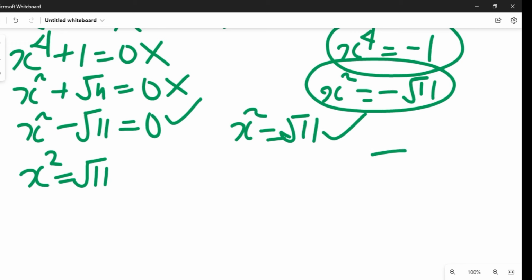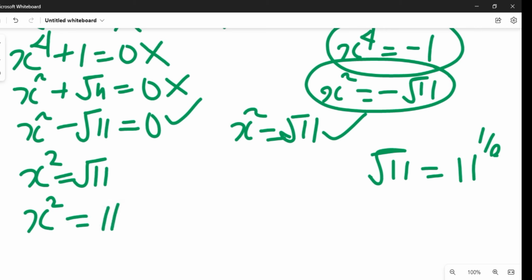And remember, square root of 11 is equal to 11 raised to power 1 over 2. So if we have 11 raised to power 1 over 2, all we need to do is to bring that here. We'll have our x squared to be equal to 11 raised to power 1 over 2.